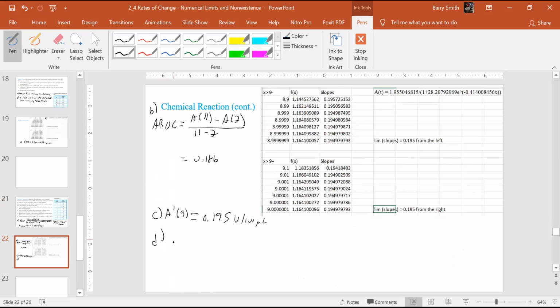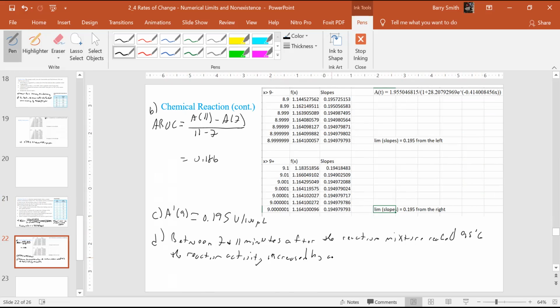So for D, we can say between 7 and 11 minutes after the reaction mixture reached, I think it was 95 C, the reaction activity increased by an average of 0.186 U per 100 microliters per minute.